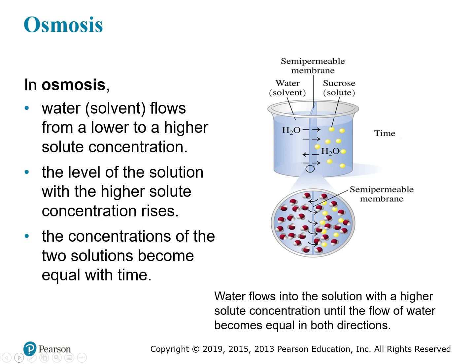When we were talking about solutions and colloids and suspensions, we mentioned something about a semi-permeable membrane. That membrane allows water to flow from a higher concentration to a lower concentration.